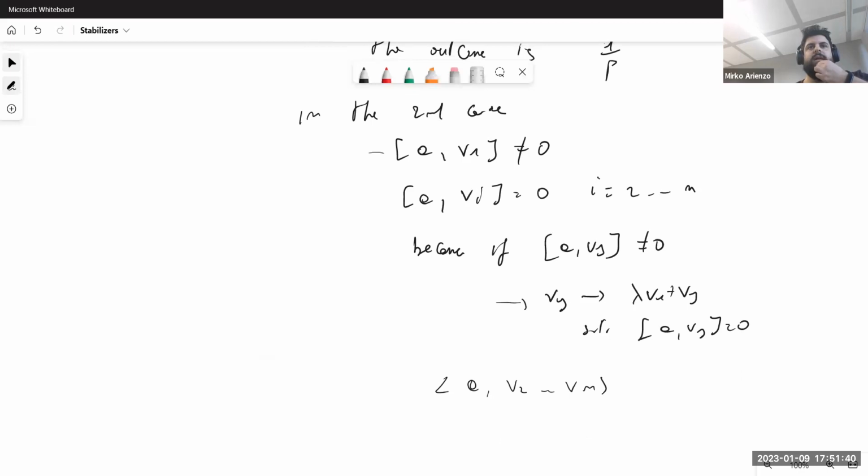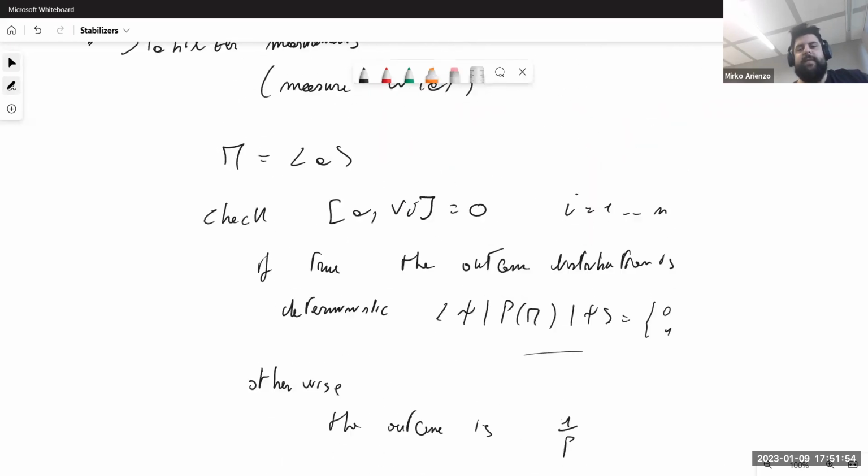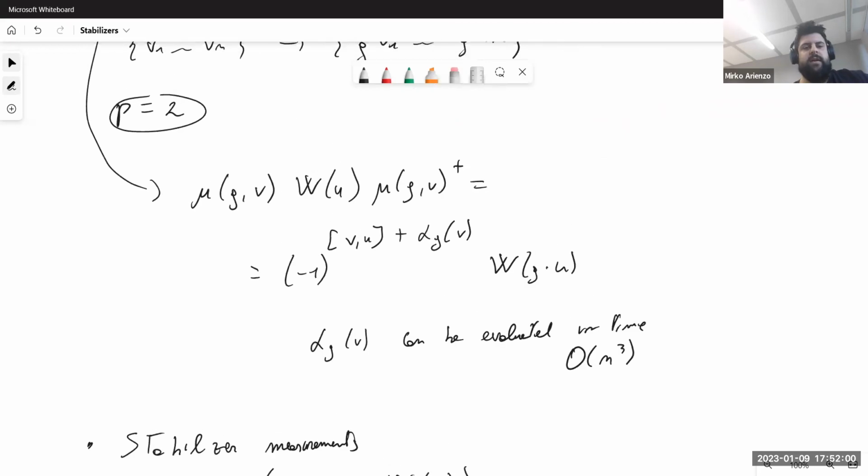Compared to the standard Gottesman-Knill theorem, it's exactly the same, but we are describing things with vectors in the phase space and symplectic matrices.